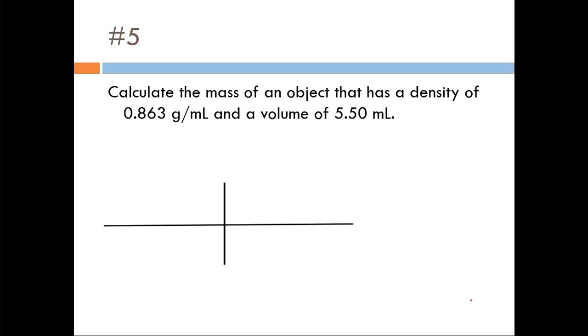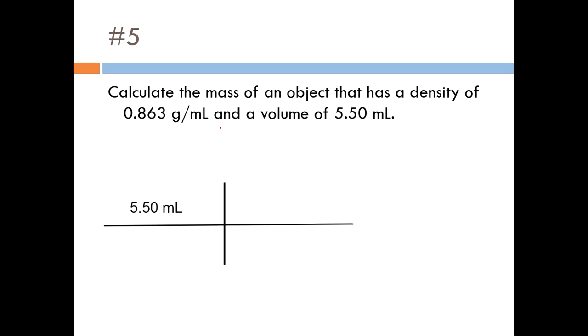So let's get started. We begin with 5.50 milliliters, and that's what we're going to put in the top left corner of our fence. We don't ever use the density as is, because if you take a look here, it's grams per milliliter. Well, what does grams per milliliter mean? It means that many grams over 1 milliliter.